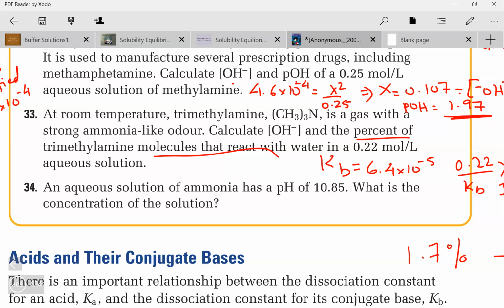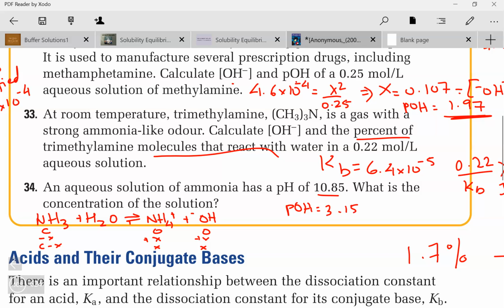So we'll try doing a nice table for this one, just because it's another kind of question. This is very similar to the last questions of the Ka calculation part. So we have initial concentration, which we'll call C, we don't know, minus X, C minus X, 0, 0, plus X, X, X. pH is 10.5, so POH happens to be 14 minus 10.5, which is 3.5.